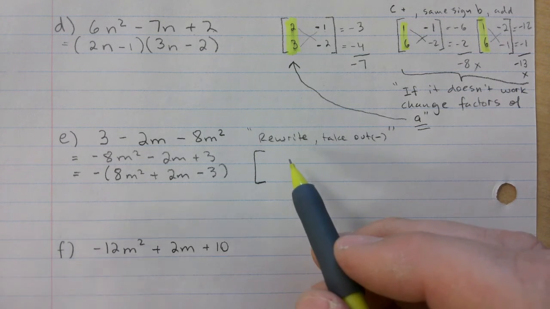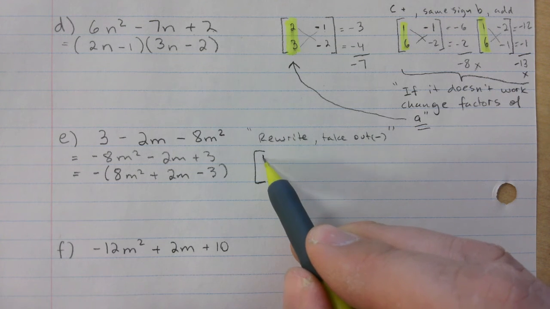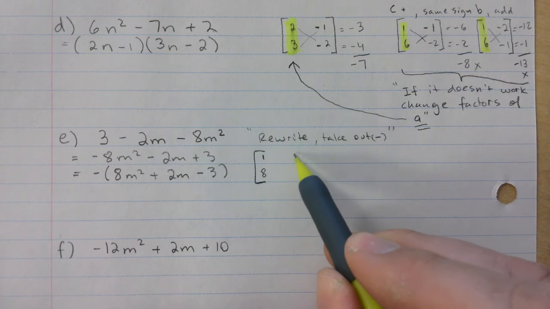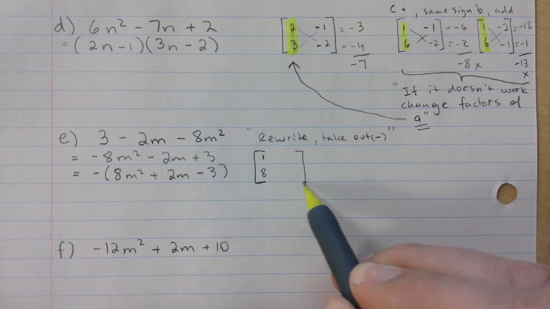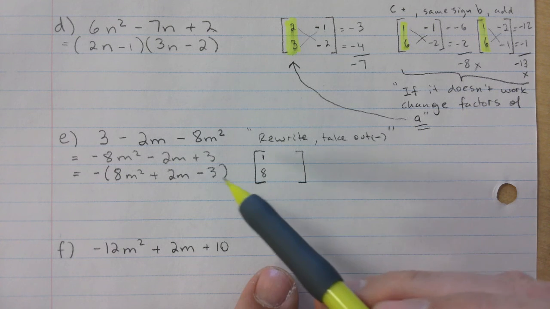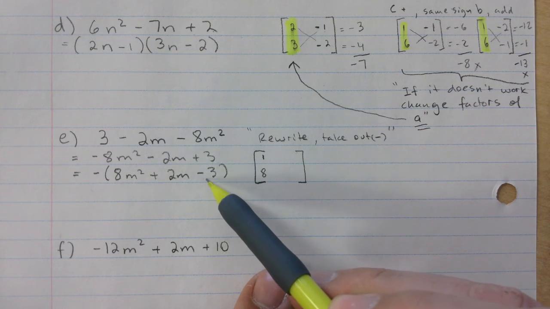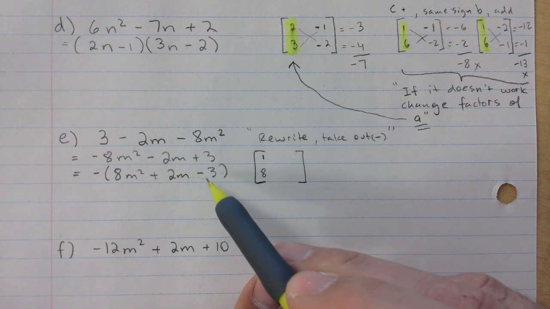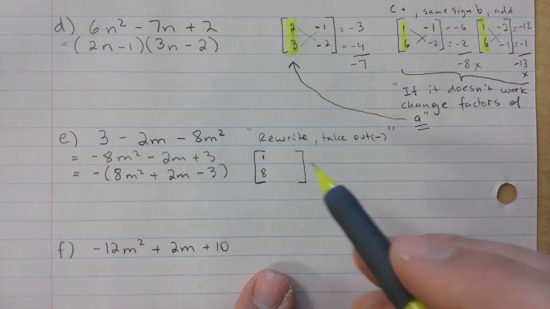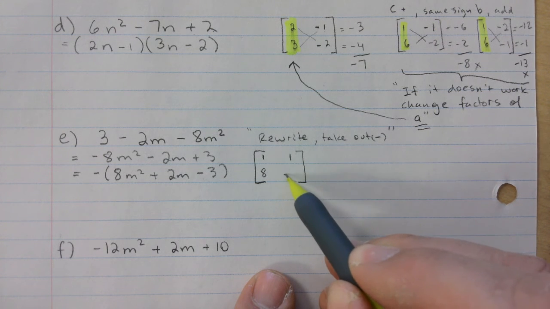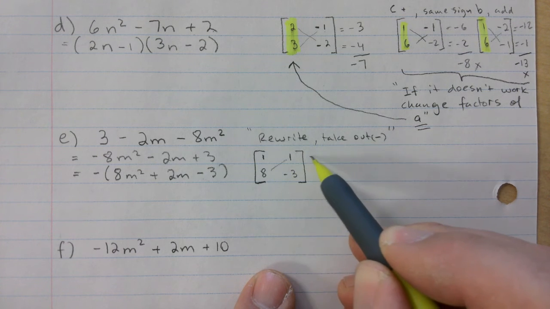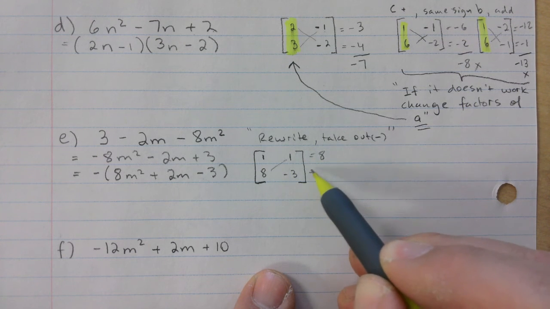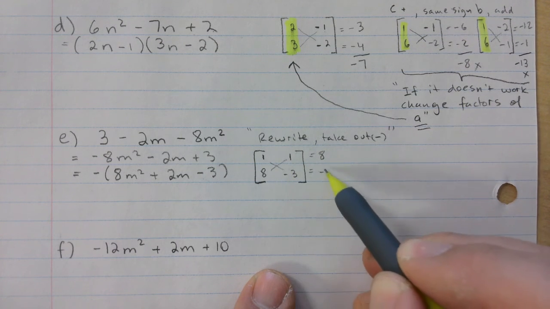Okay, so you can try 1 and 8. And notice this. C is negative. I don't want to write this down every time, but C is negative. So you know that they're going to have opposite signs here. So let's try 1 and -3. So this is 8 positive, and this is -3.